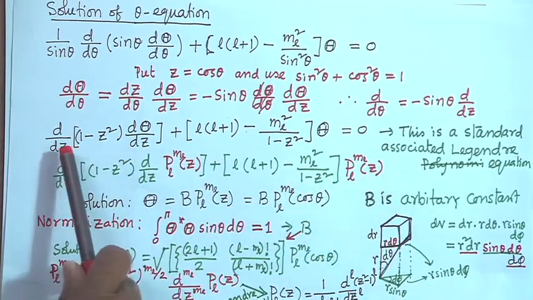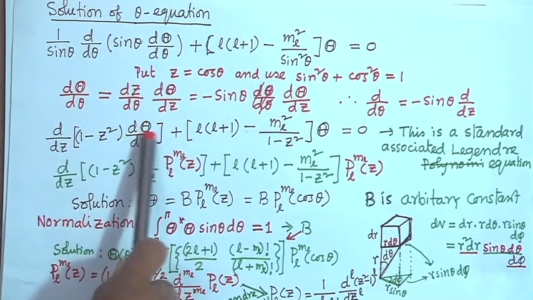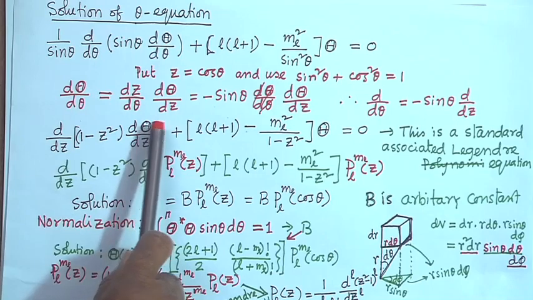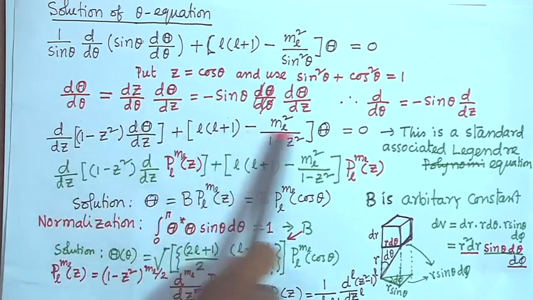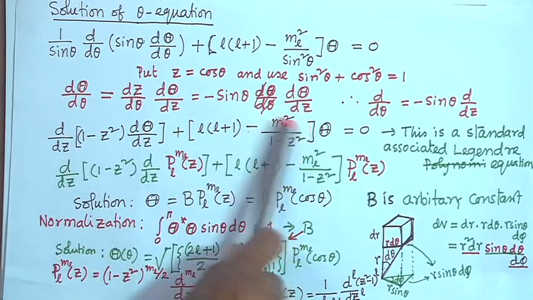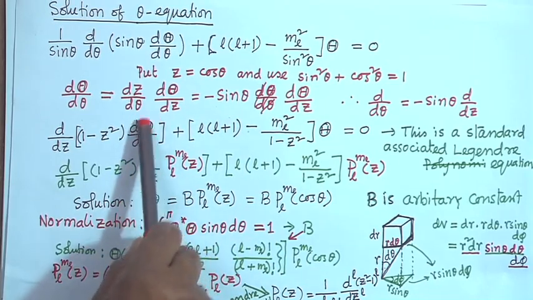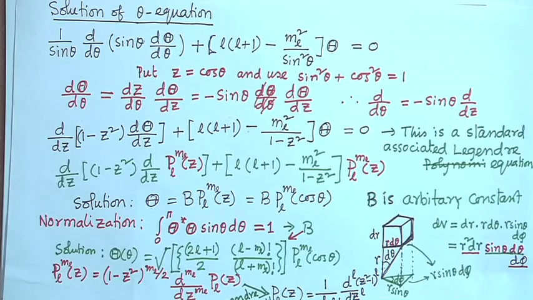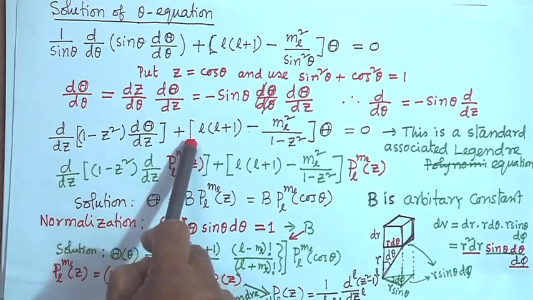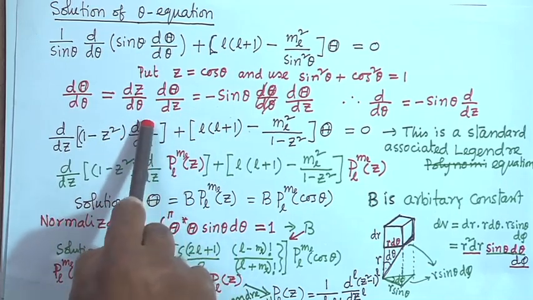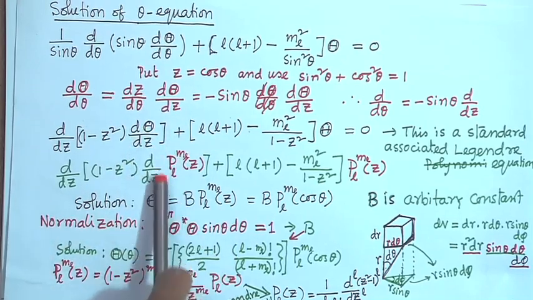So, this equation is basically, since it is the associated Legendre equation, this capital theta is the function of theta, function of Z. This equation will be satisfied when theta is equal to the Legendre polynomials.